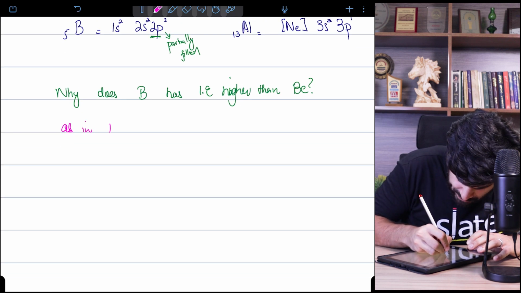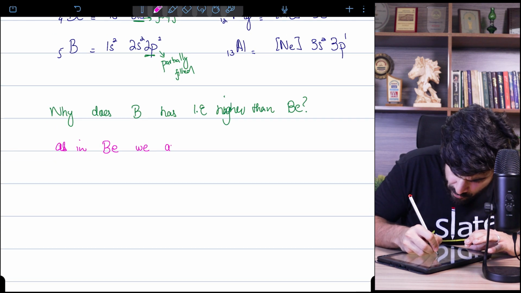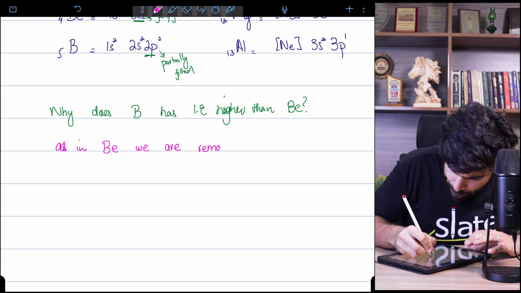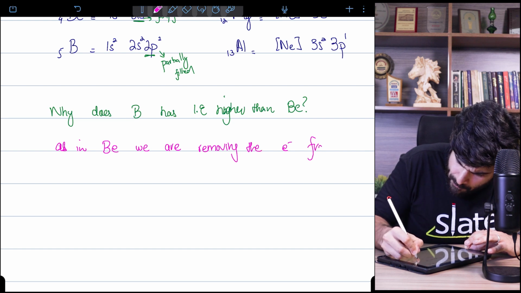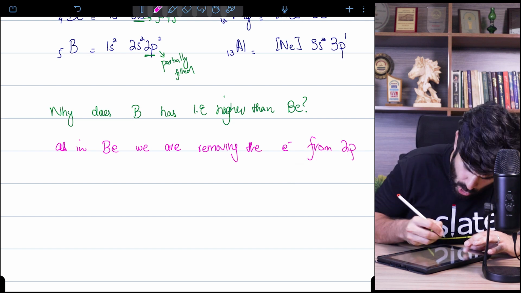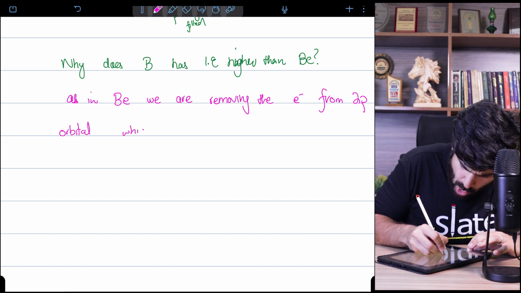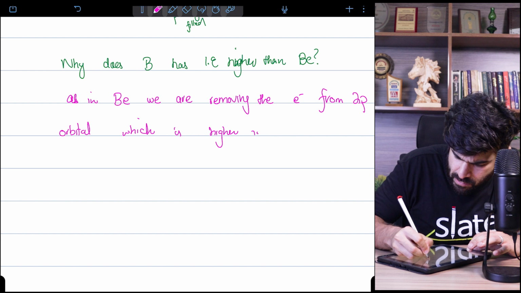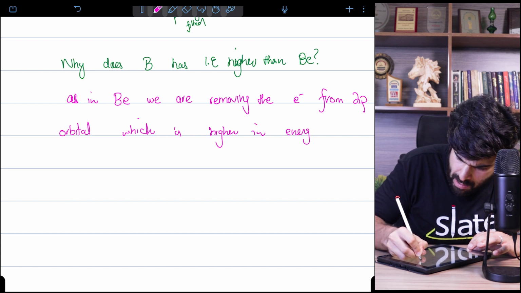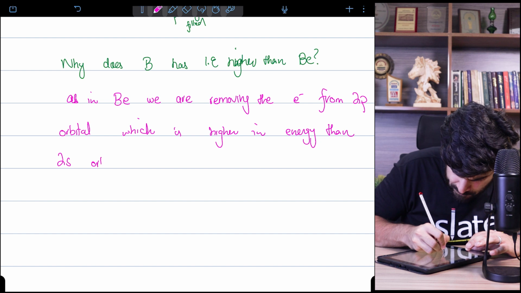In beryllium, we are removing the electron from the 2s orbital, and 2p orbital is higher in energy than 2s orbital.